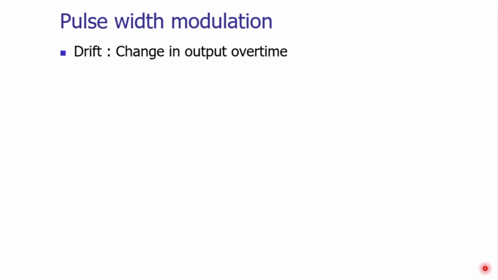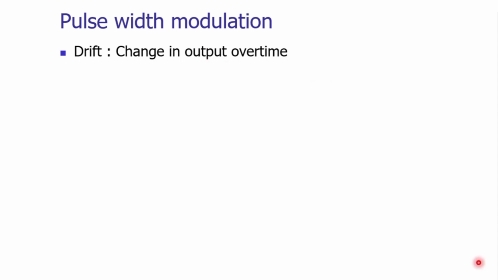The problems may be due to the device or due to environmental factors. Thus, drift is defined as change in output over time. We are expecting a horizontal or constant output from the transducer, but we don't get that.